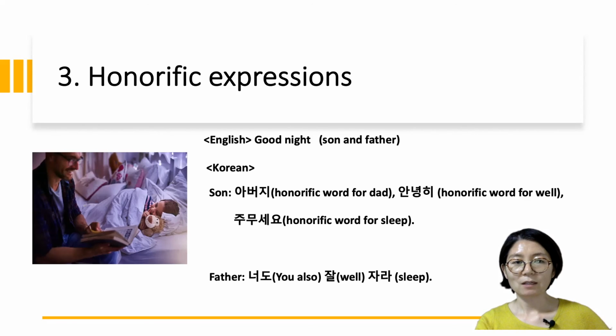So anyway, the total concept of the relationship between the speaker and the listener is really different when you're learning Korean. So I will explain it later on in other videos as well. But anyway, for now, please keep in mind that in the Korean language, we do have some special words to show your respect to the listener who is usually older than you or in a higher position than you.